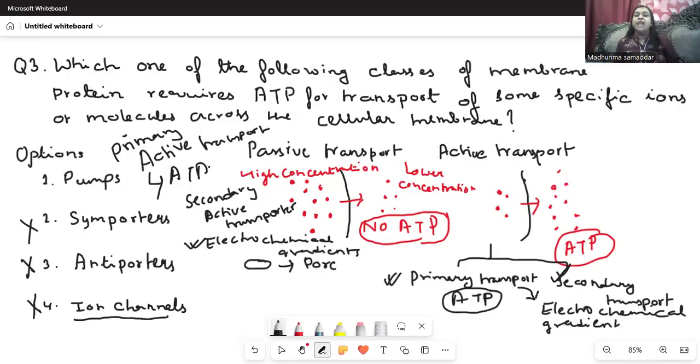What the question is asking, which membrane proteins use ATP for transport of the ions and molecules? So this is the answer, because they are using the ATP directly for transferring the molecules and ions across the cellular membrane. So this is question number 3.